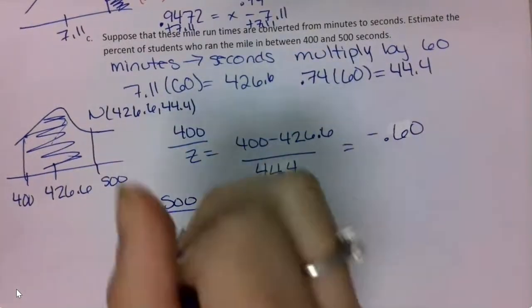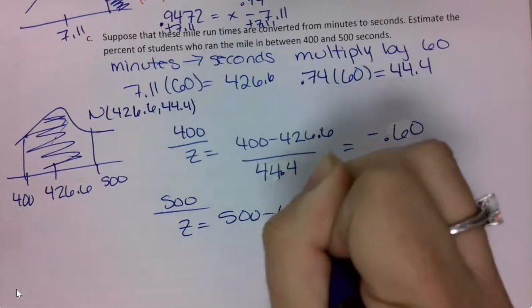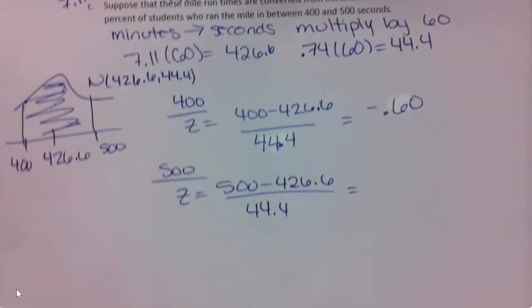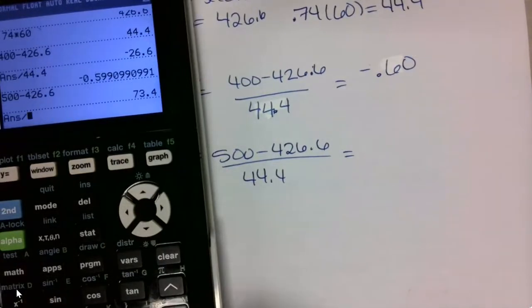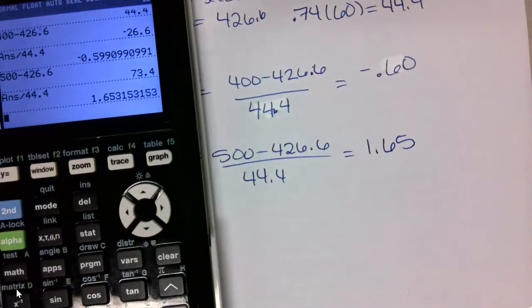So I'm going to do z equals 500 minus the 426.6 divided by 44.4, which gives me 1.65.